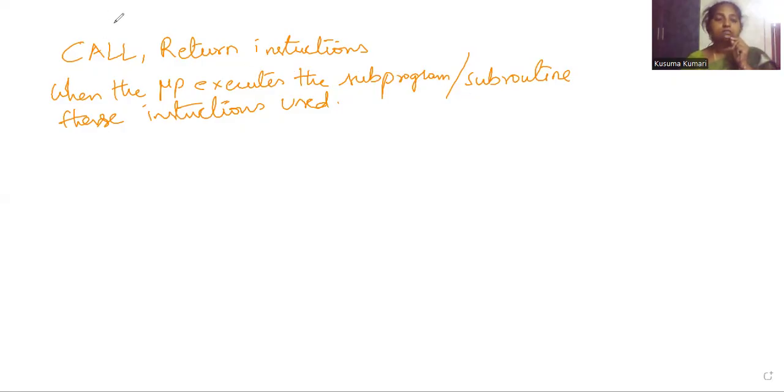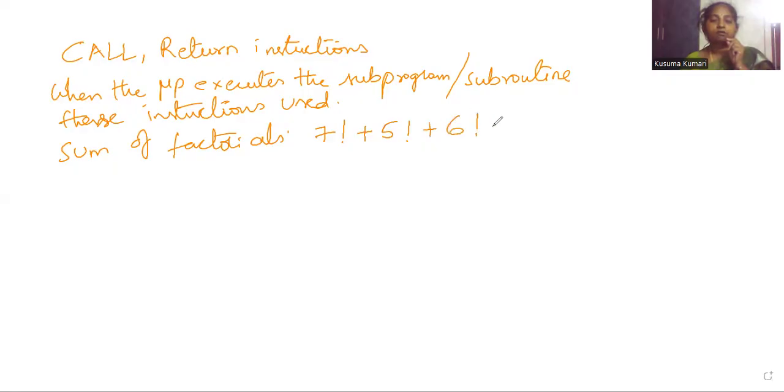See here, for example, I want to write a program for the sum of factorials. Sum of factorials means, for example, 7 factorial plus 5 factorial plus 6 factorial plus 4 factorial.